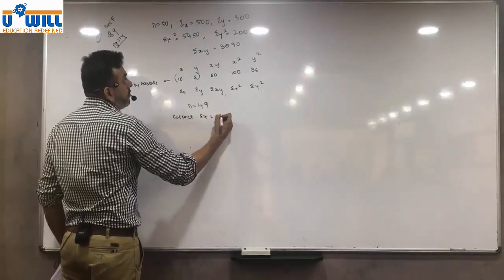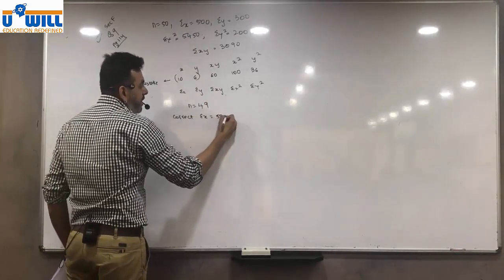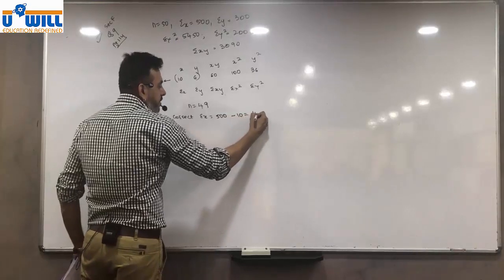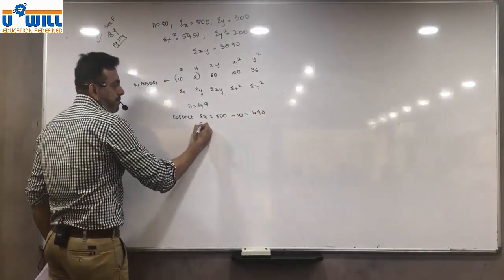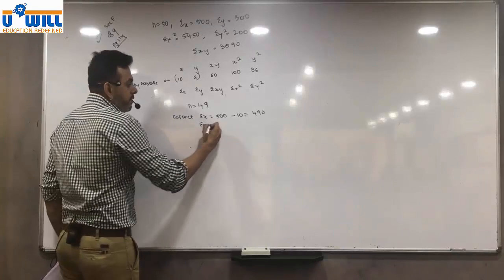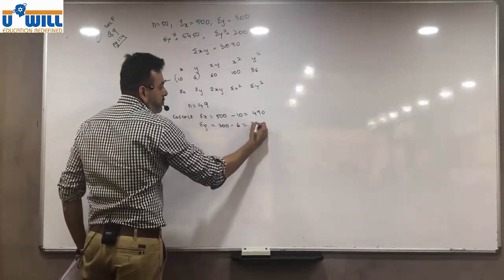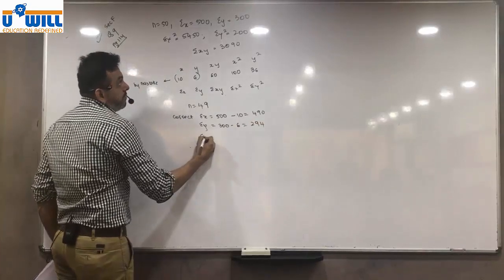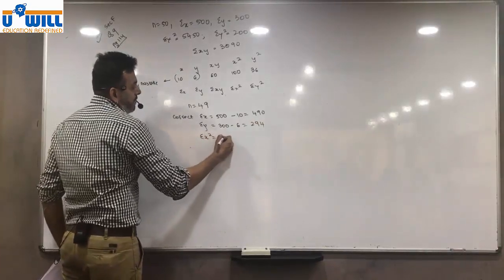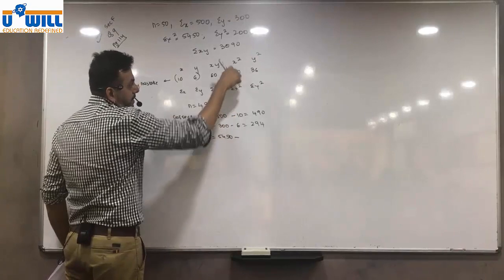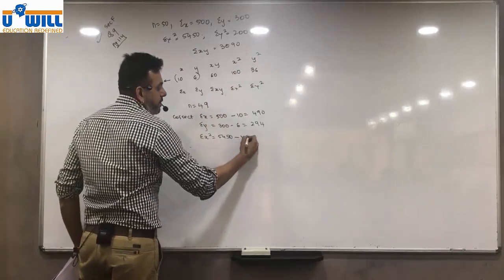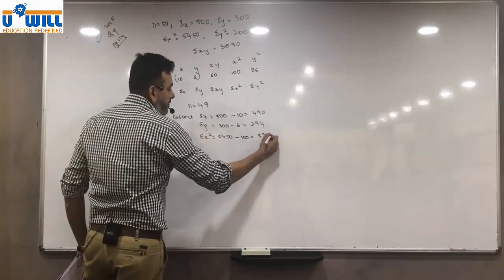Sigma x wrong, how much is it? 500 minus 10 which is equal to 490. Is everyone understanding? Sigma y wrong was how much? 300 minus 6 is 294. Sigma x square is equal to 5450 minus 100, 5350.